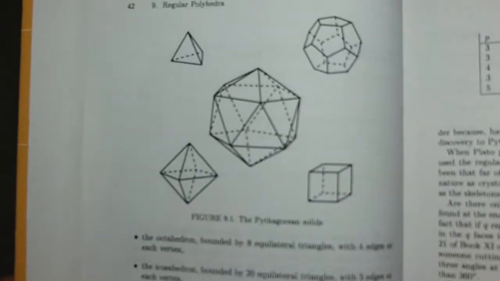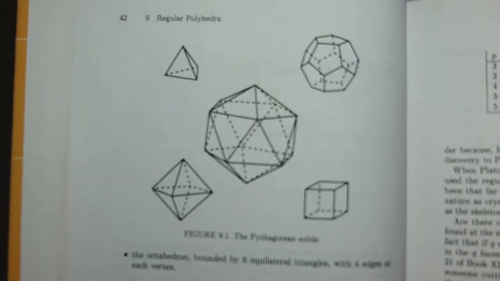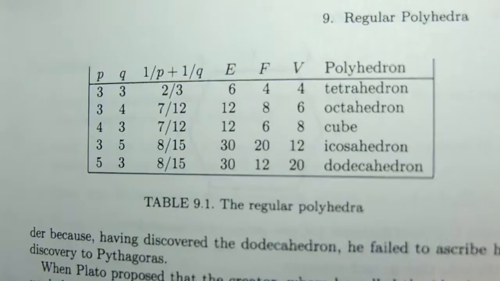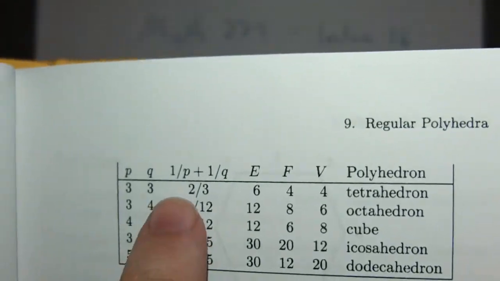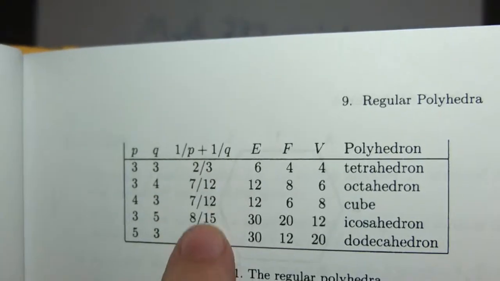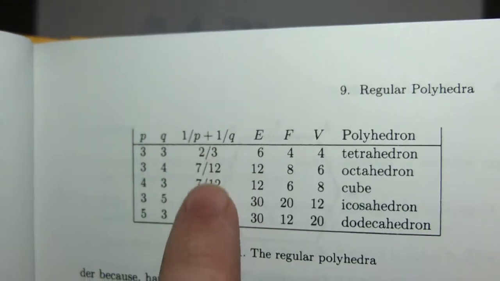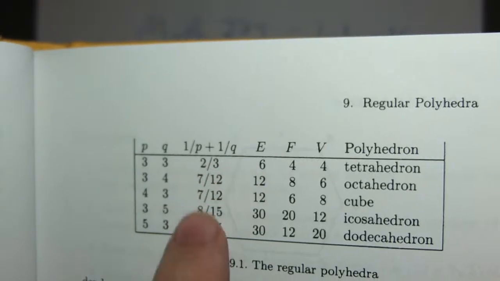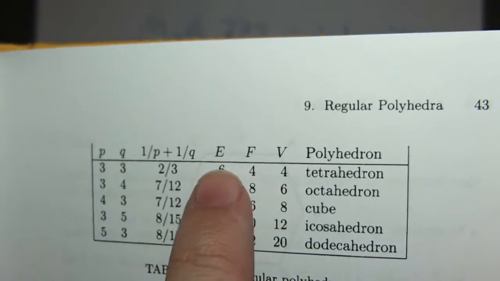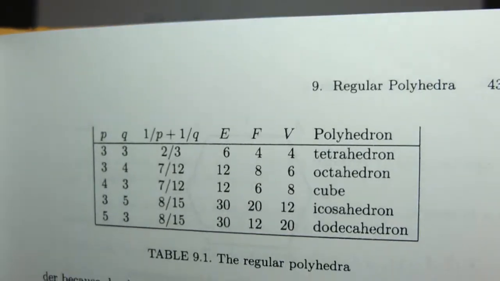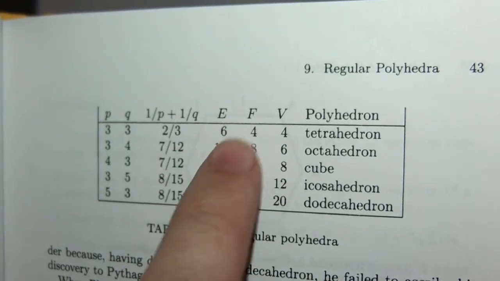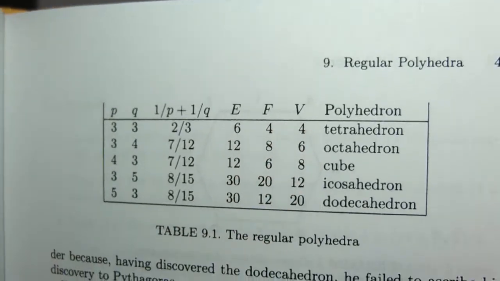So here was our study of Platonic solids or Pythagorean solids, and we looked at this little table here, right? We were interested in these Egyptian fraction sums, but also we noted E, F, and V, where E is the number of edges, F is the number of faces, and V is the number of vertices.